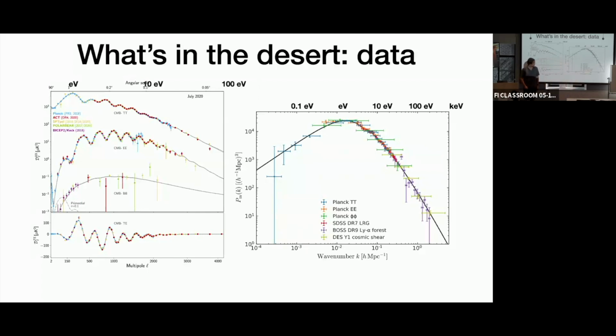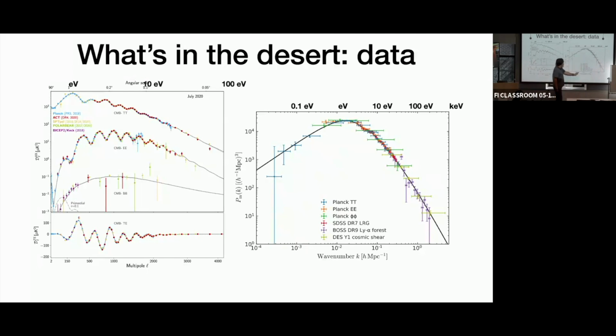And I can make a sort of correspondence. These then end up being the energies that these different wave numbers are sensitive to. So at, say, 1 megaparsec, that's sensitive to temperatures of the universe higher than about 100 eV or so.